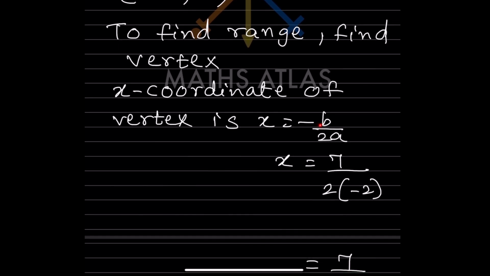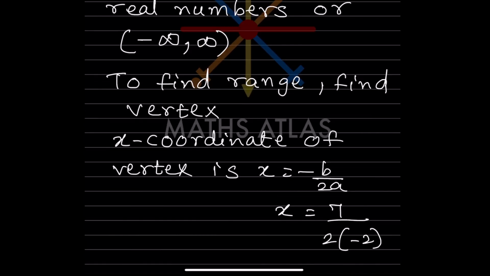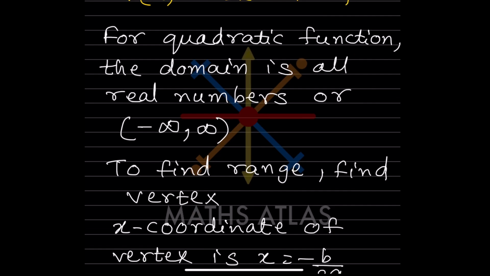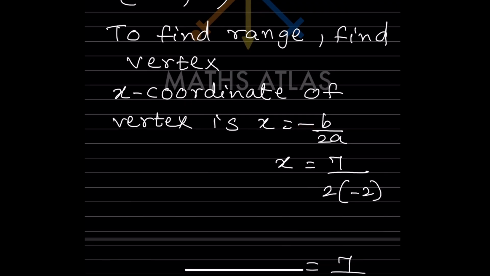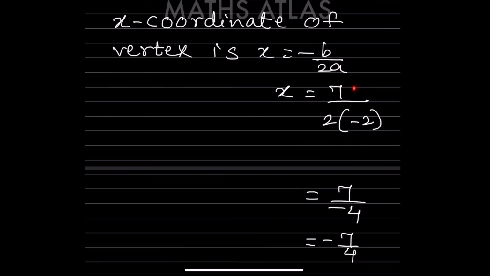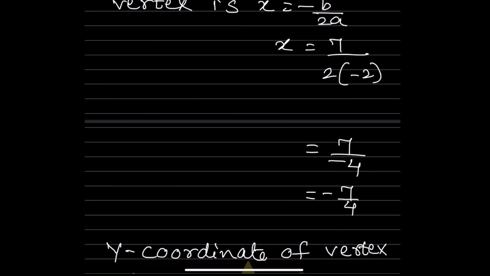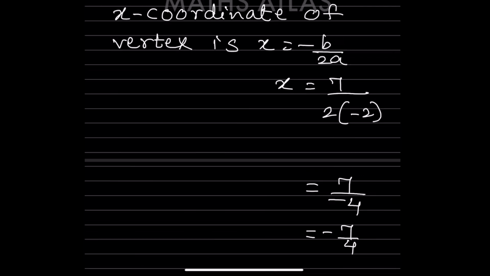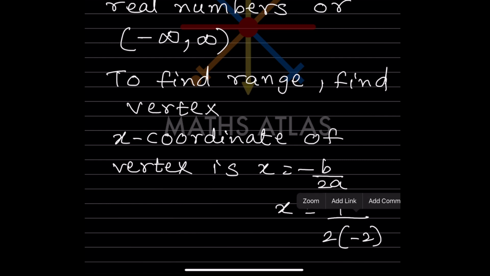So that will be minus of b, b is minus 7, so minus of minus 7, that is 7, over 2 into minus 2. So when you solve this, 7 by minus 4, you can also write this as minus 7 by 4. Why? Because here is plus, here minus. Plus divided by minus is always minus, or minus divided by plus also is minus. So we got this value for the x coordinate.